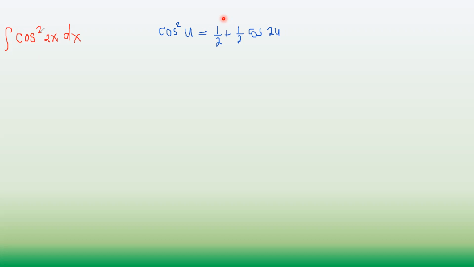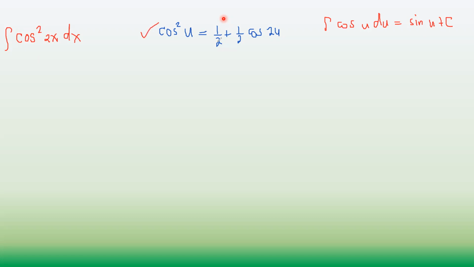So diyan meron kang cosine squared. Pwede mo niyang palitan para ma-integrate. Kasi ang meron lang tayong basic formula for integration of trigo is the integral of cosine raised to 1, cosine u du, wherein equal yan kay sine u plus c. So yun lang ating formula for cosine. Specific siya for cosine raised to 1. So ay cosine squared, di mo siya ma-integrate. But we can use this identity.